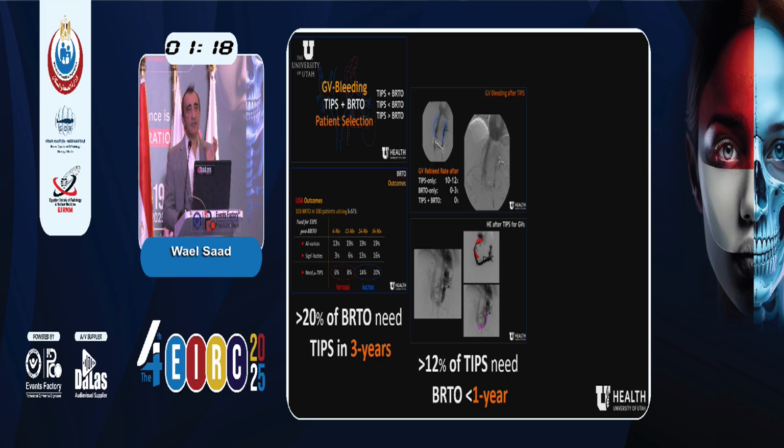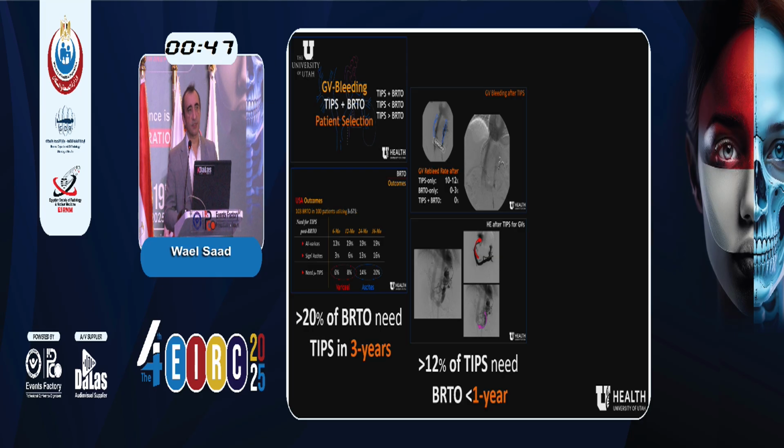The incidence of the need for TIPS after BRTO only is about 20% over a 3-year period. And about 12% of patients that have a TIPS need a BRTO. Okay? So it sways you more towards BRTO or sclerosing than just TIPSing only. Not only that, the majority of the need for TIPS after BRTO is for ascites.